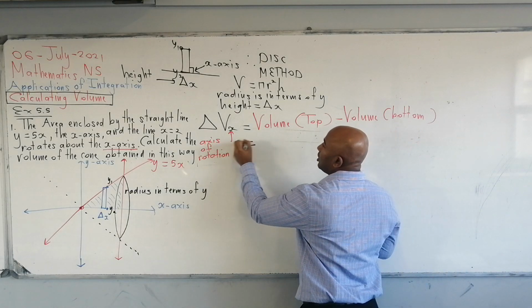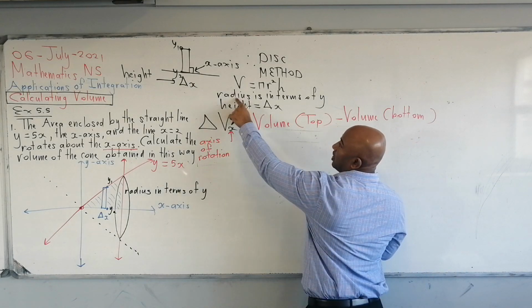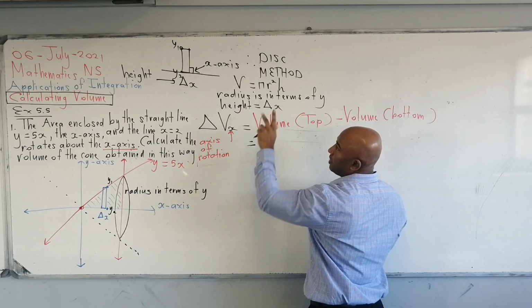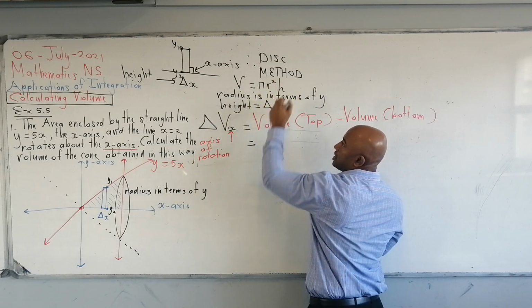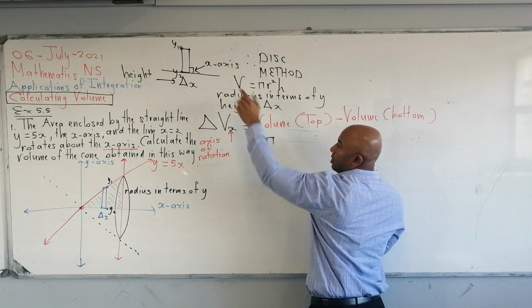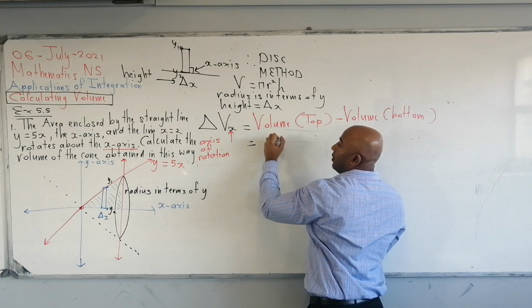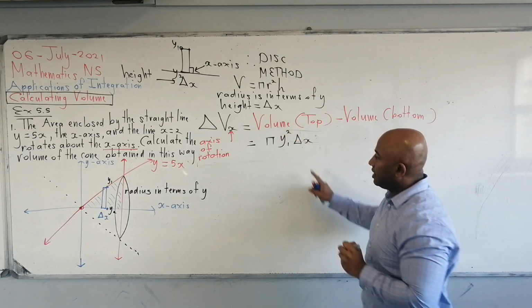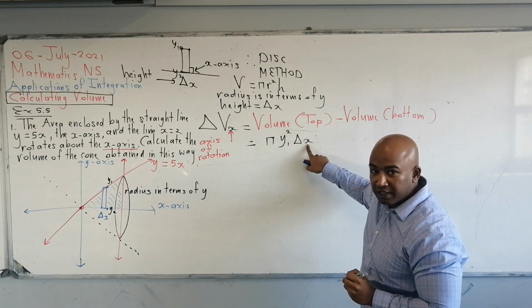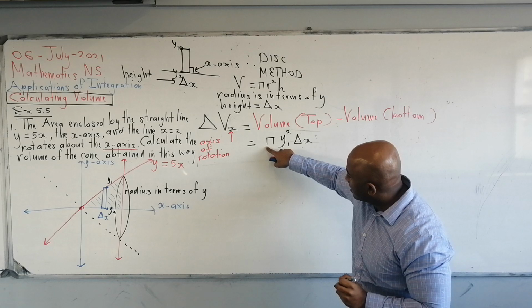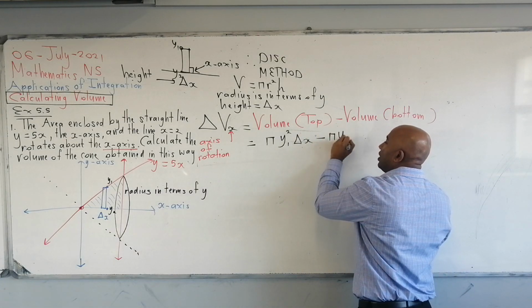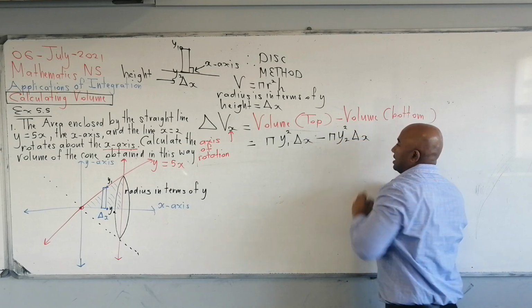So now, what is the volume of the top graph? Your radius is in terms of y. Remember the formula is pi r squared h. So it's going to be pi, top graph is y1, so y1 squared delta x. There's your formula. Then top graph minus bottom graph, pi y2 squared delta x.